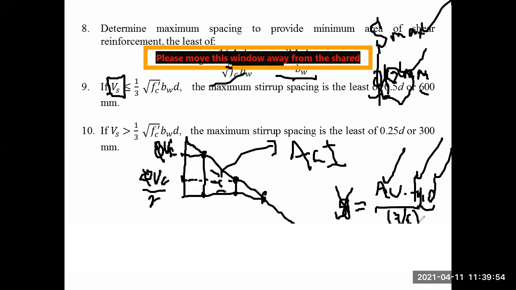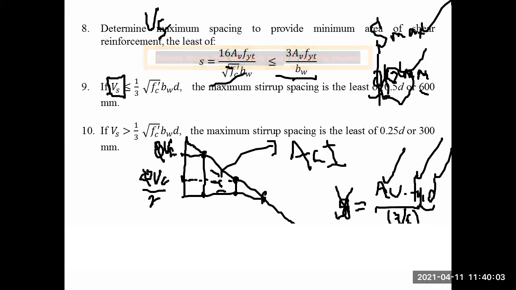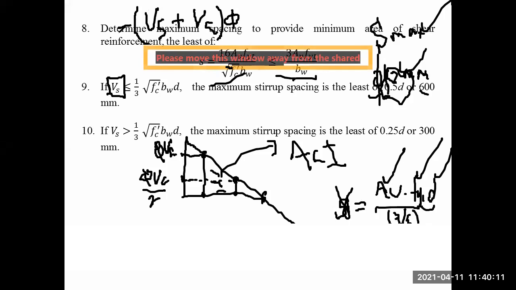What is the point of calculating Vs? The point of calculating this Vs from this equation is to add it to Vc and multiply both with phi, and then we get the phi Vu where we need to start the minimum.